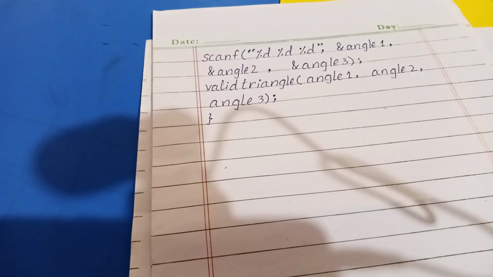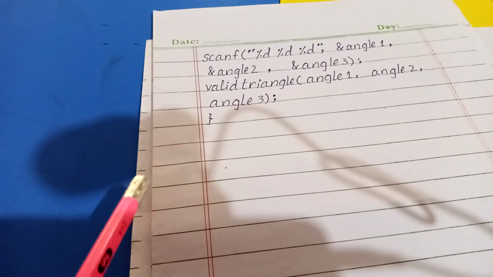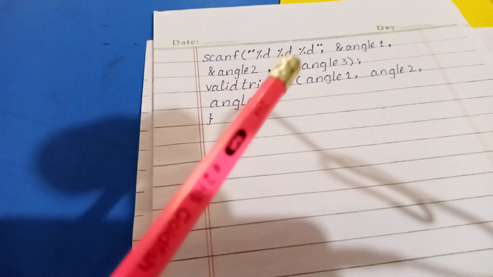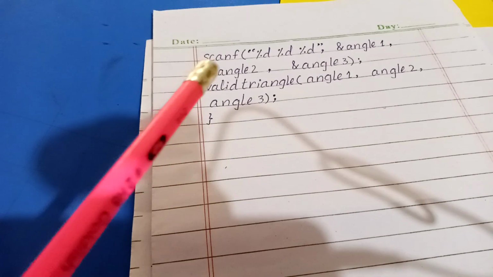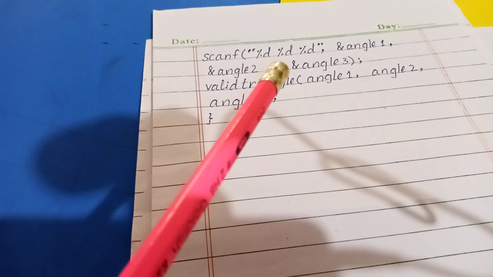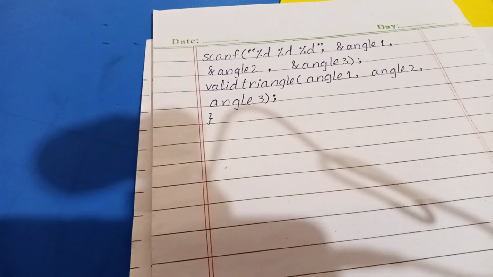Next we are using the scanf function, which is basically used to take data from the user. We have 3 angles, that's why we are using the %d format specifier 3 times: scanf("%d %d %d", &angle1, &angle2, &angle3); with the semicolon.